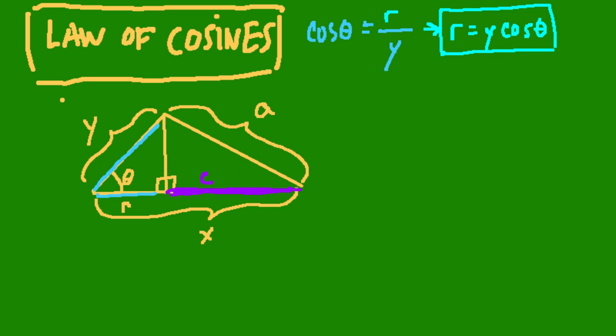What is C equal to? Well, C is equal to x, the total distance, minus r. So C equals the total distance on the bottom here, x, minus r, that little piece that we just looked at. And we already know that r is equal to y times the cosine of theta. So C is just x minus y cosine of theta.